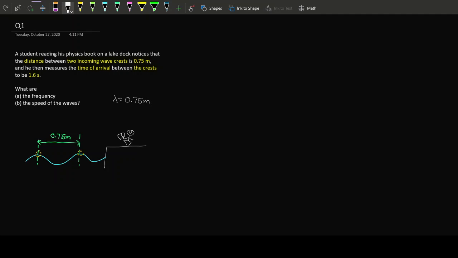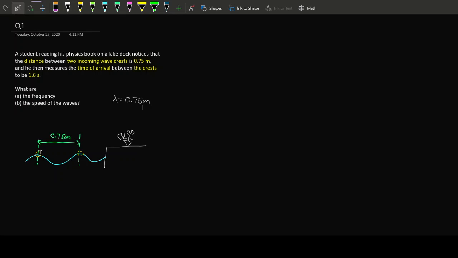By knowing the definition of wavelength as the distance between two successive points on the wave which are in phase, we know that 0.75 meter is the wavelength, because these two crests are two successive points on the wave which are in phase.